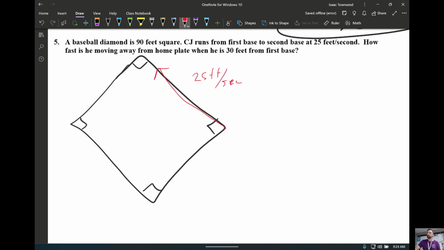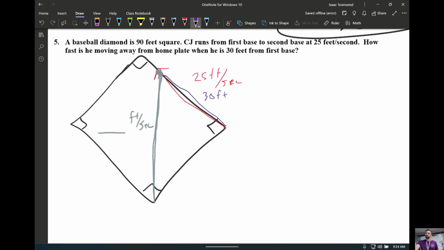Now, how fast is he moving away from home plate? So he's somewhere between first and second base. How many feet per second when he is 30 feet from first base? So when this length is 30 feet.